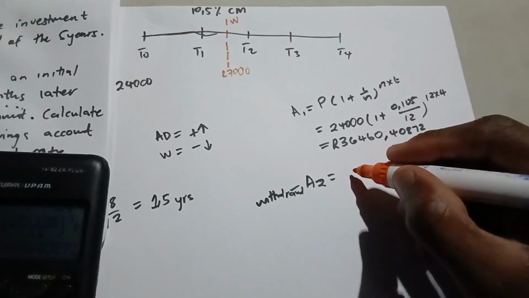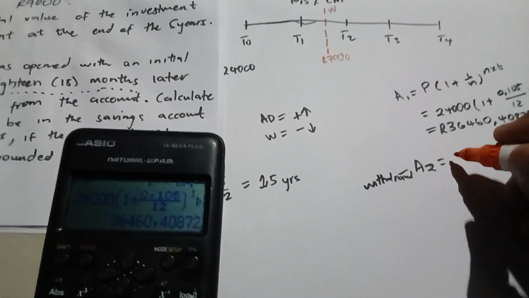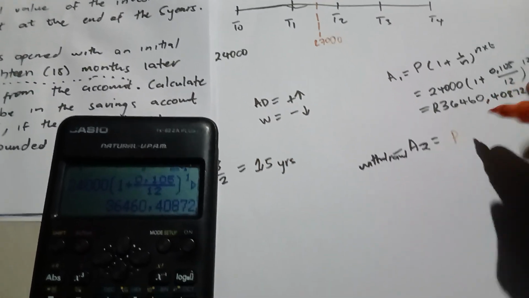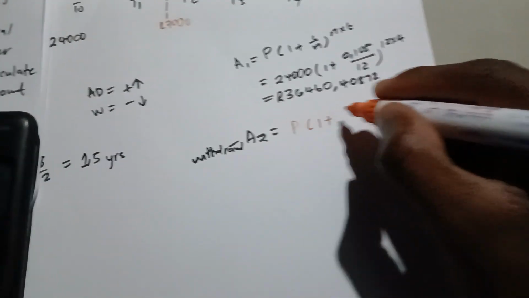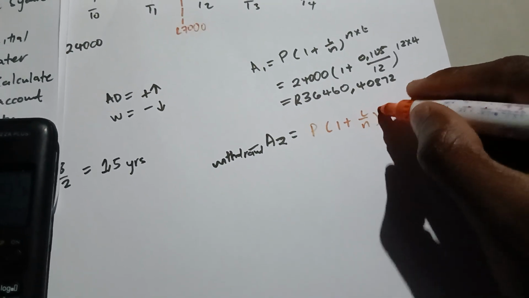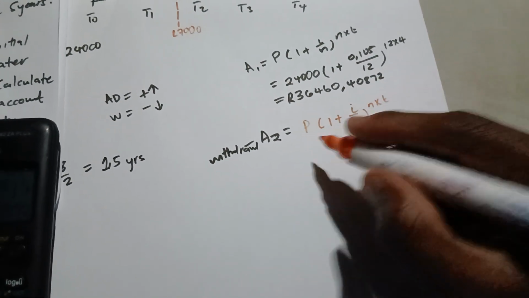So now let's try attempting it. Remember the P value here is the 7,000 that was withdrawn. P times (1 plus i) to the power n and t.